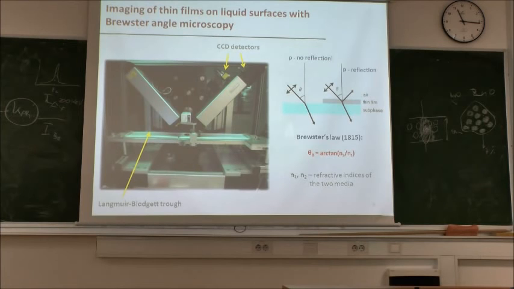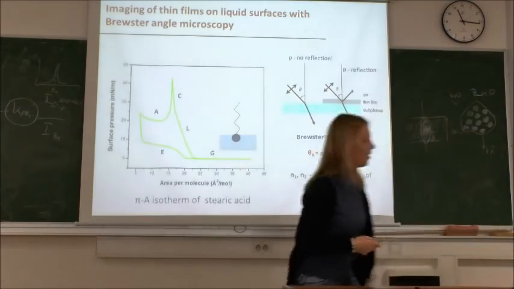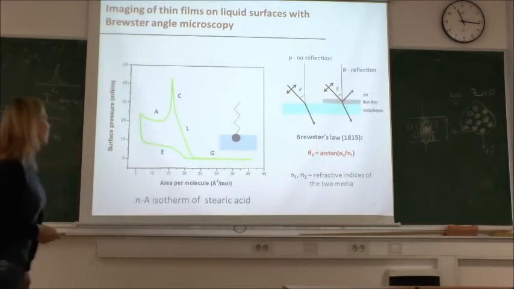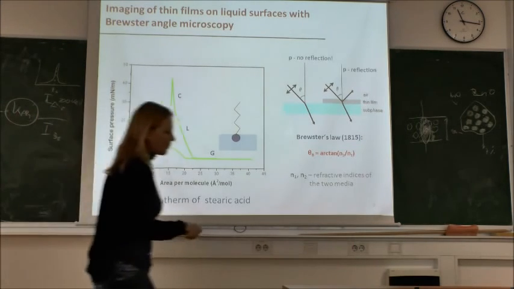And during the compression, the monolayer goes through different two-dimensional phases. At the end, we obtain a so-called surface pressure-area isotherm, which is characteristic for each monolayer. Here is presented the surface pressure-area isotherm of stearic acid.